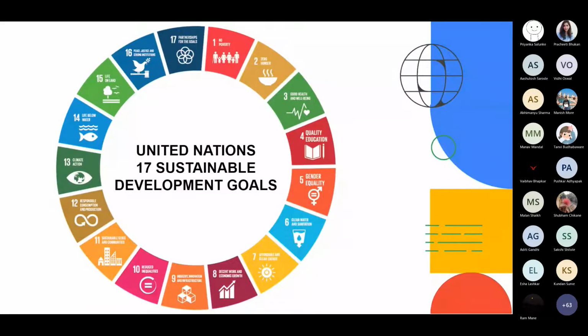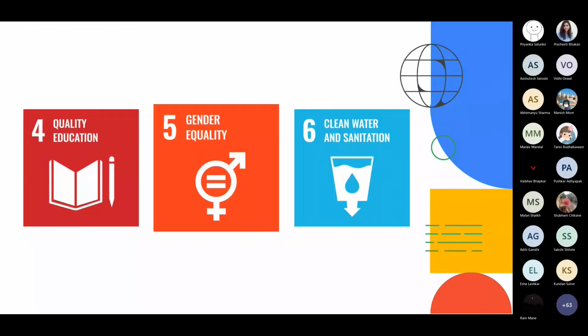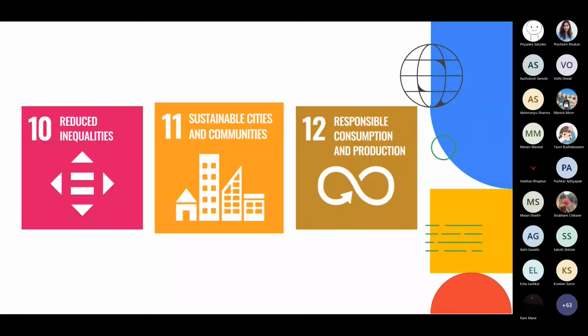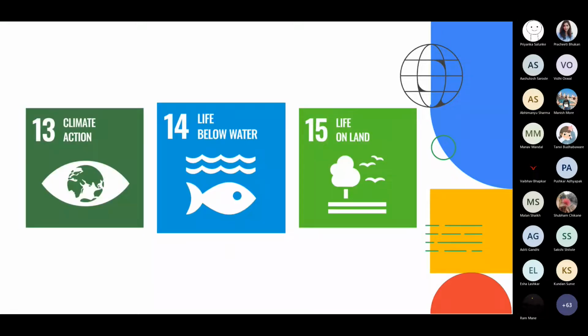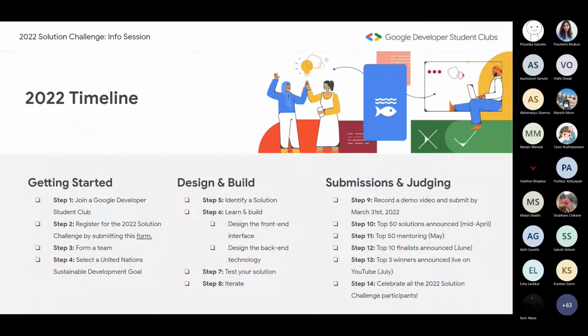They are no poverty, zero hunger, good health and well-being, quality education, gender equality, clean water and sanitation, affordable and clean energy, decent work and economic growth, industry innovation and infrastructure, reduced inequalities, sustainable cities and communities, responsible consumption and production, climate action, life below water, life on land, peace, justice, and strong institutions, and lastly, partnership for the goals. Moving ahead to the timeline for this Solution Challenge.